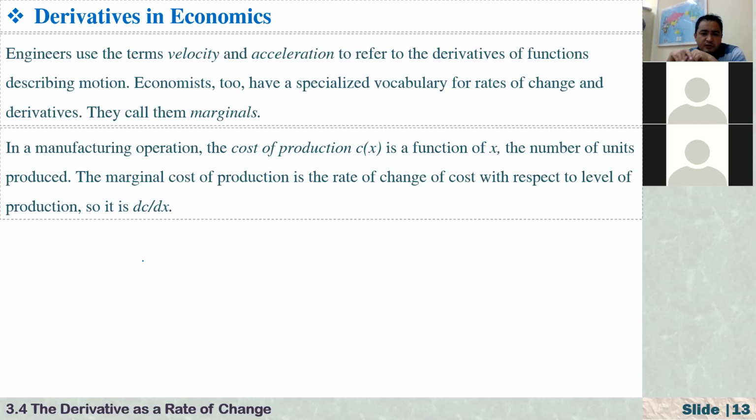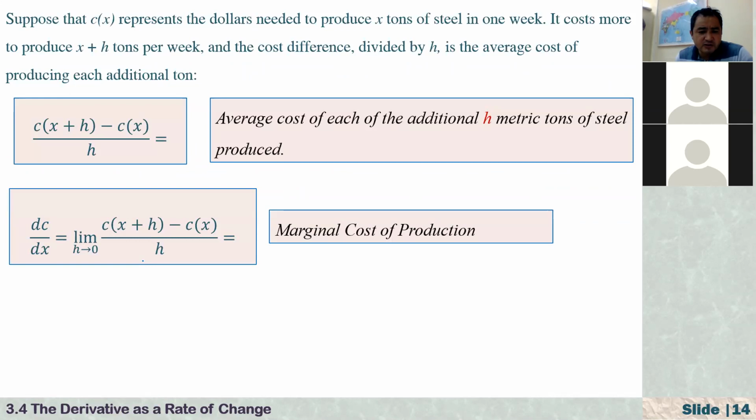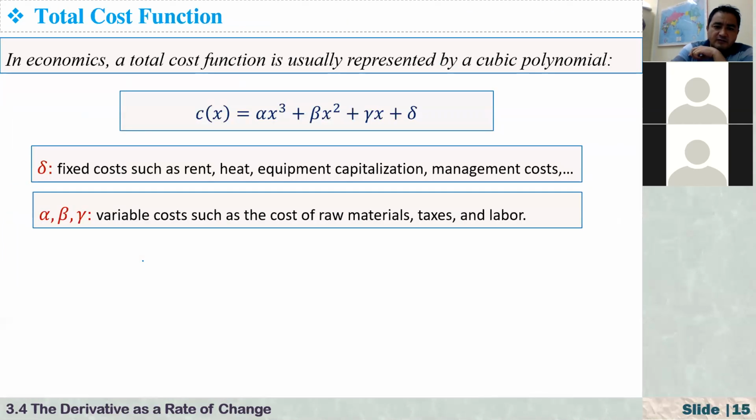In a manufacturing operation, the cost of production, C of x, is a function of x, the number of units produced. The marginal cost of production is the rate of change of cost with respect to the level of production. Anyway, here also we have one example, but I will share this with you a bit later because we are running out of time, okay?